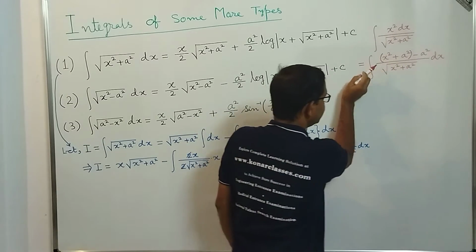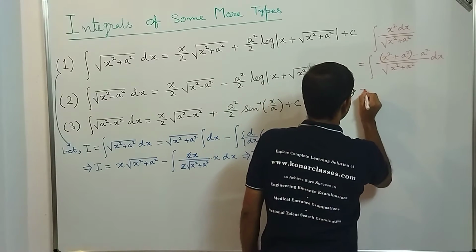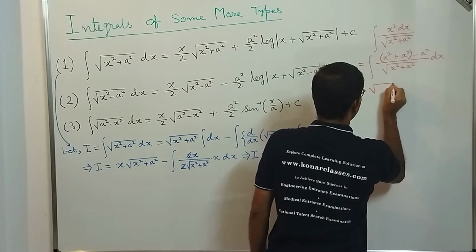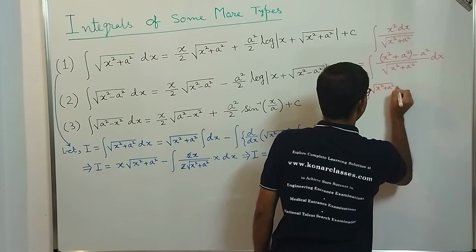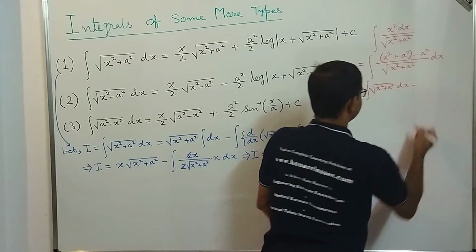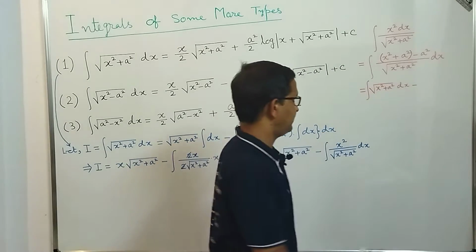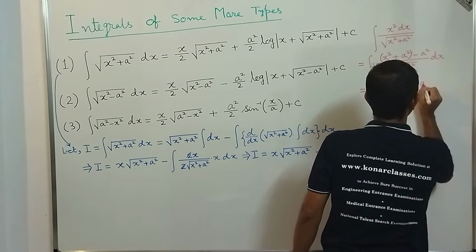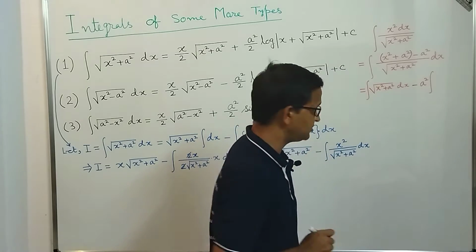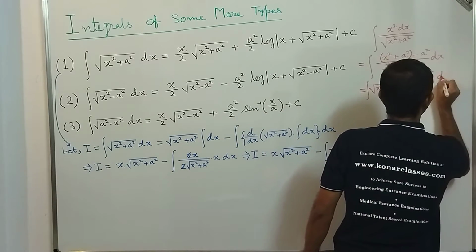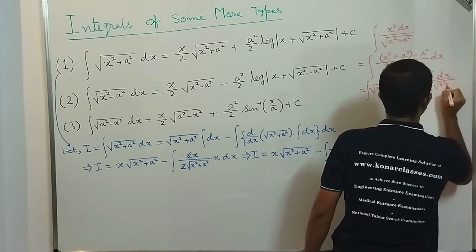Then we get the integration of square root of x square plus a square dx, minus the integration of a square by square root of x square plus a square dx. We can take a square out of the integration because it is a constant, so a square into the integration of dx divided by square root of x square plus a square.